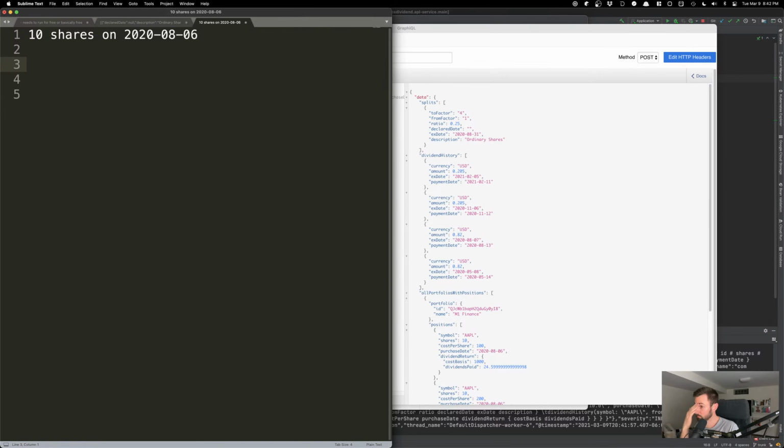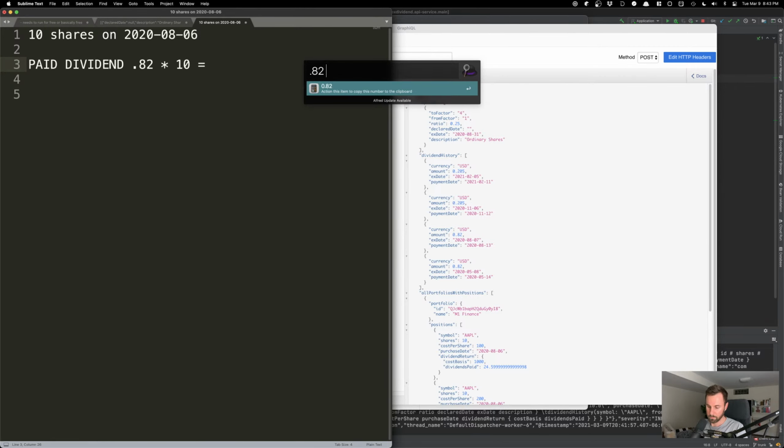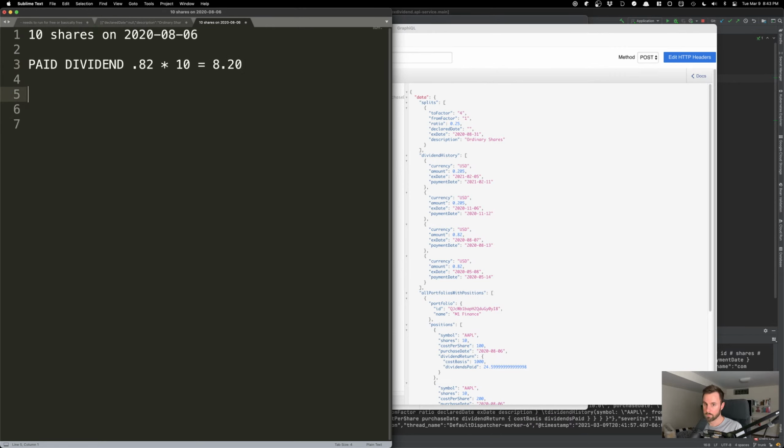Then I was paid a dividend on 08-13 for 82 cents times 10. So I would have gotten $8.20. Okay, then we split on 8/31, and it's a 4-to-1 split. So now I have 40 shares.